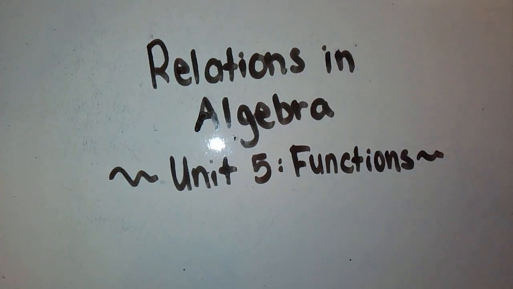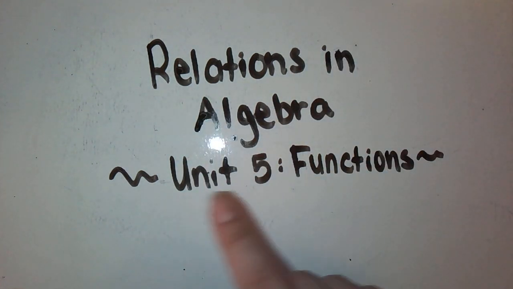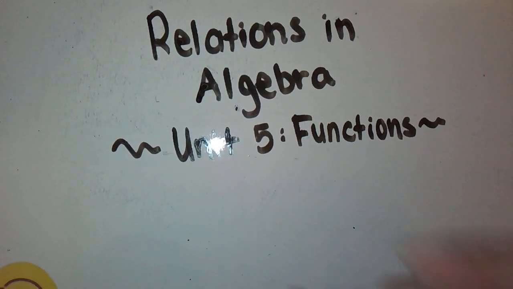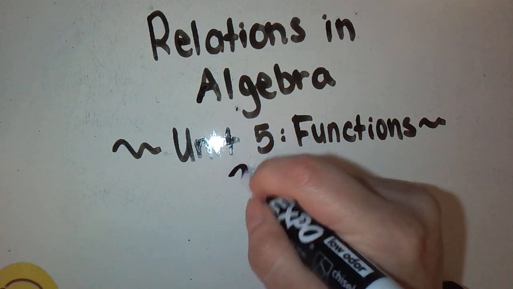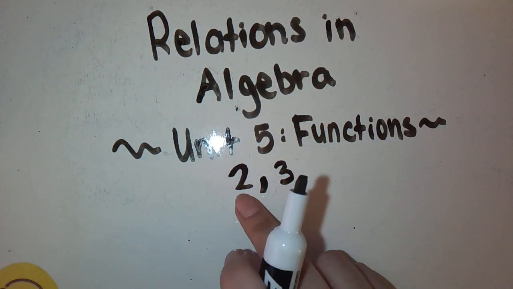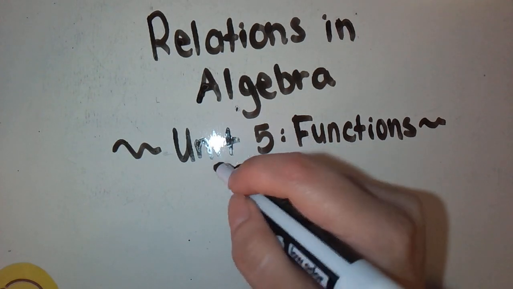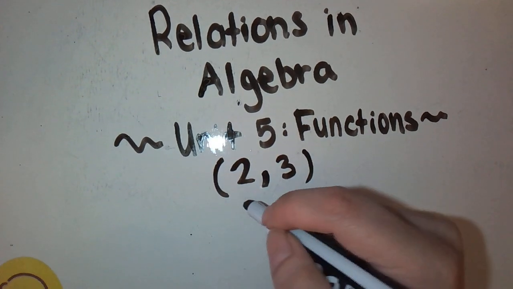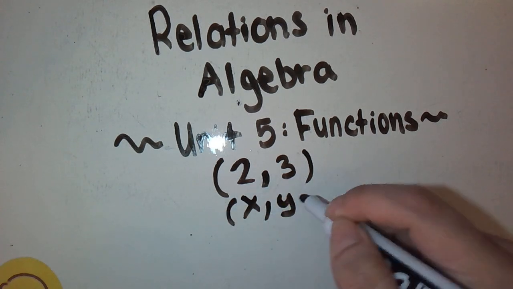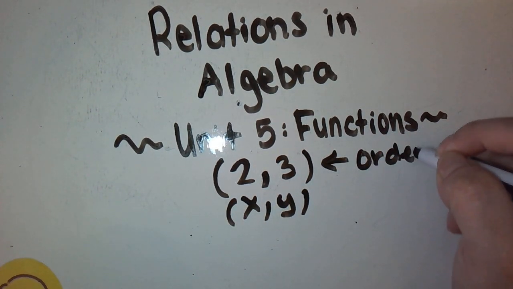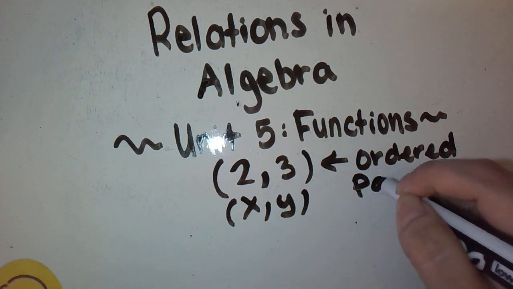So when we're talking about relations, it's an over-encompassing idea, and functions work into this area. What we want to look at is how two numbers relate to each other, how they have a relation. So let's say we have the numbers 2, 3. This here is an ordered pair. We usually see this as an XY coordinate, but for now we are going to call this an ordered pair.